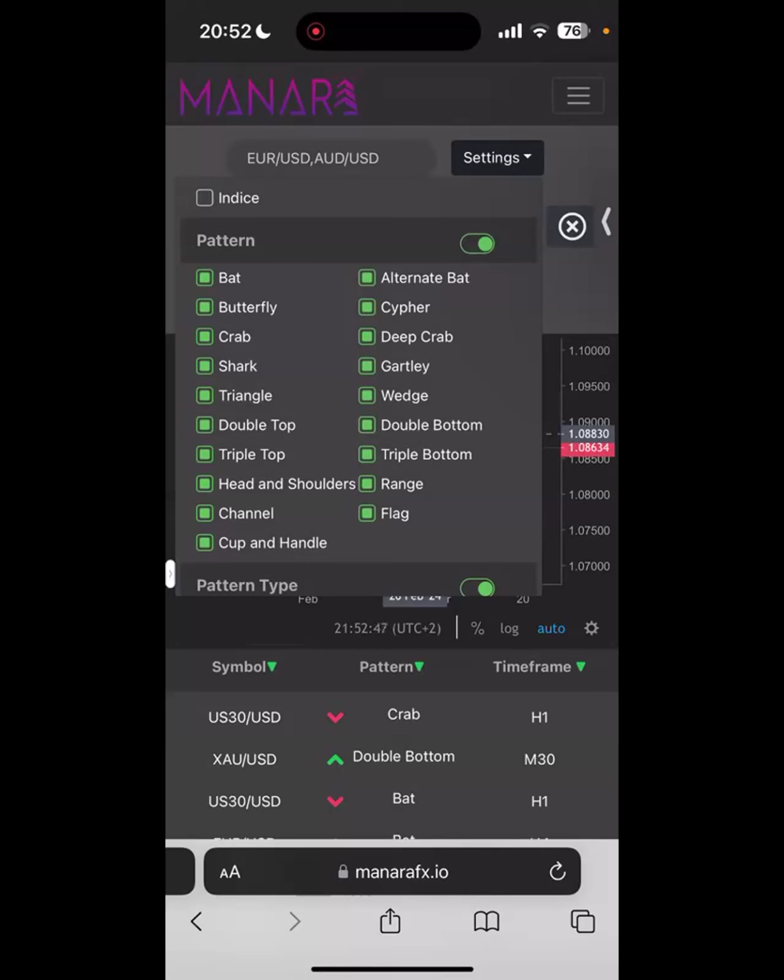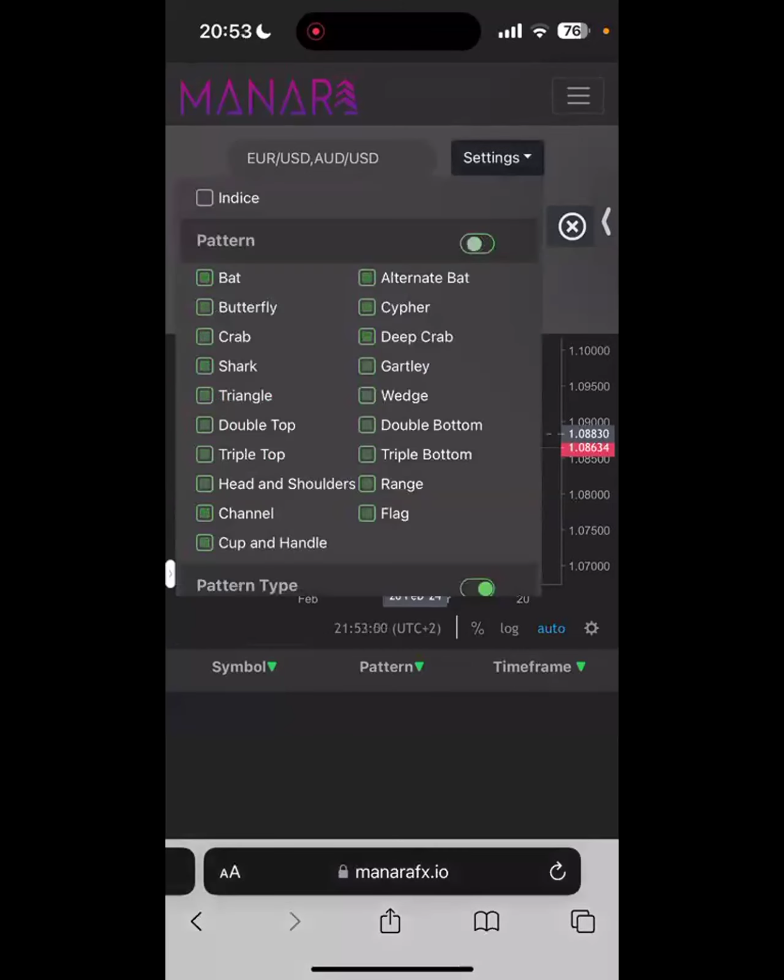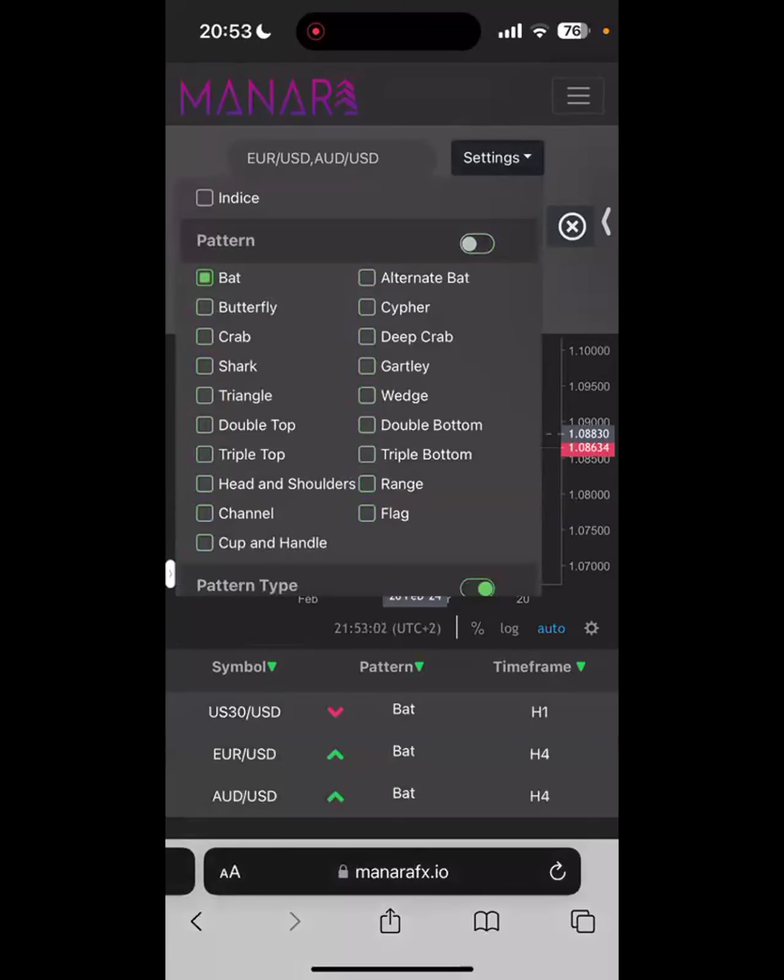But right now, I'm going to give you the technique we use, which is bat and gartley. So turn off every other thing. When you're now learning how to use Manara, you can choose any pattern of your choice. For now, just stick to bat and gartley.